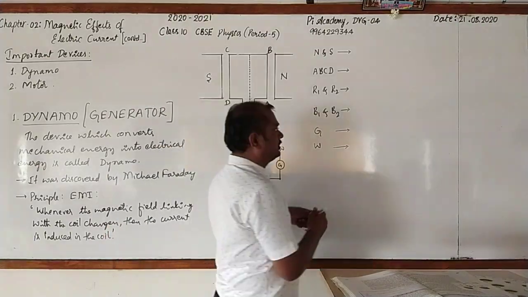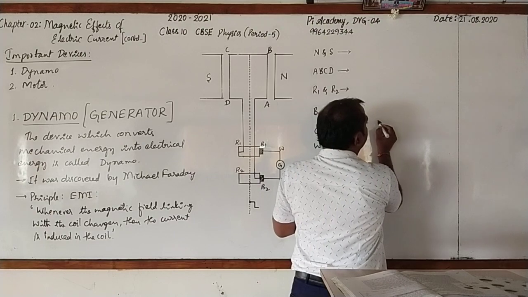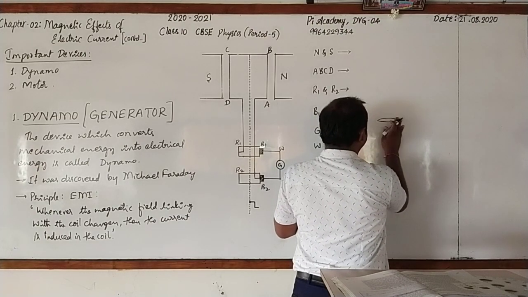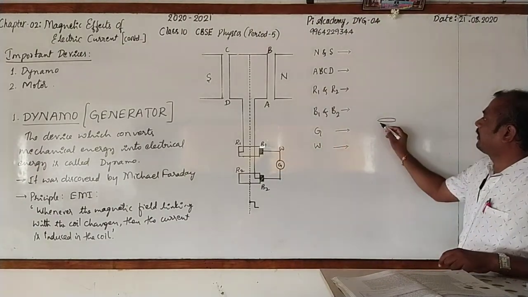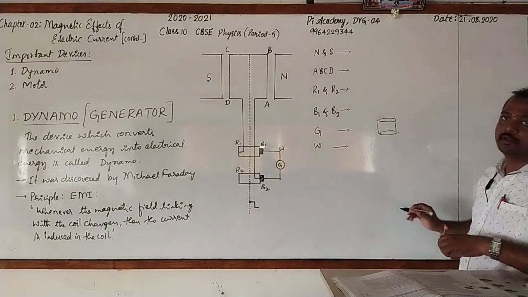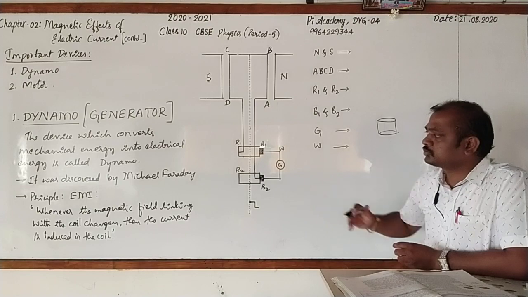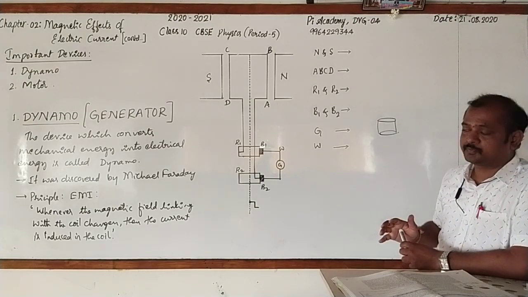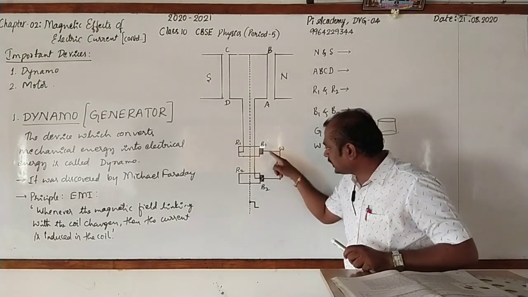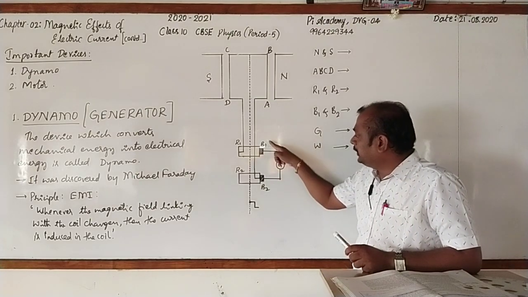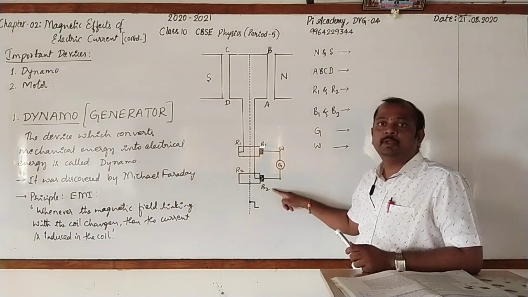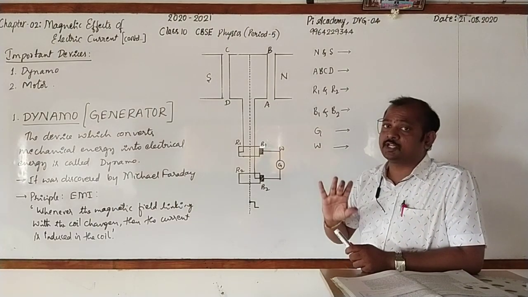and these rings are full rings. Rings means obviously it will be like this, right? Look here. It is a copper ring and two such copper rings are used, which are in contact with B1 and B2. B1 and B2 are the carbon brushes.